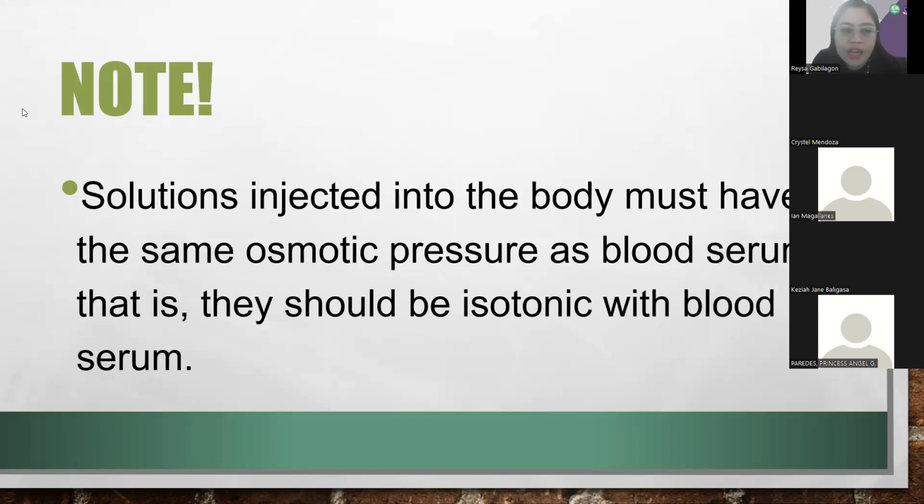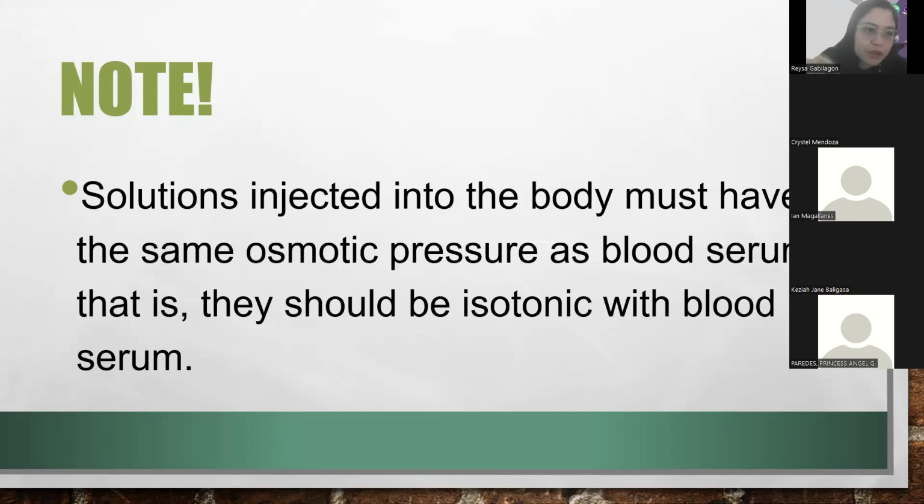Now, why should we learn this one? Among all the other colligative properties in our work as medical practitioner, itong osmotic pressure yung pinaka-related sa work natin. So kasi, like for example, we inject drugs or other substances directly into our vein, and we have to consider that these substances, wait lang, internet connection is unstable.